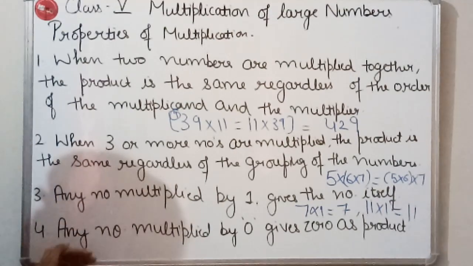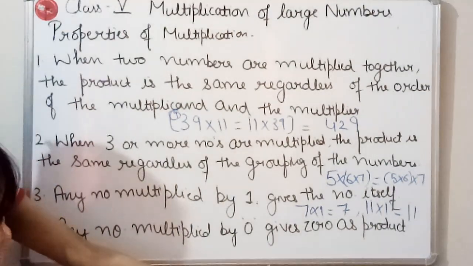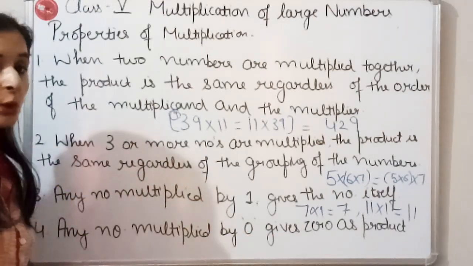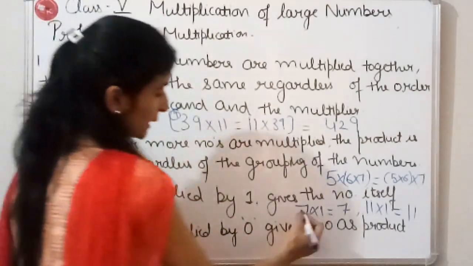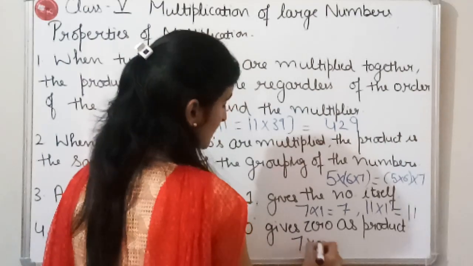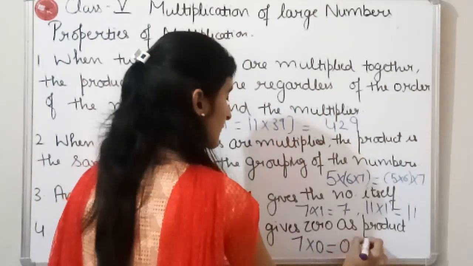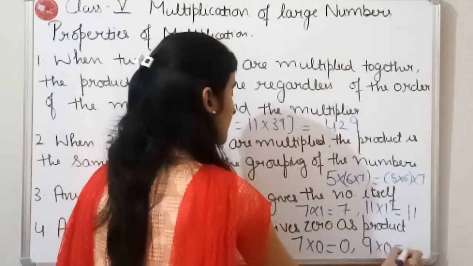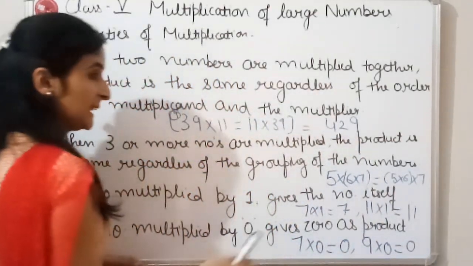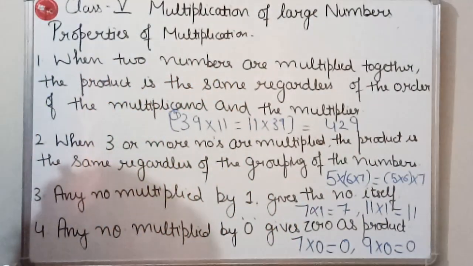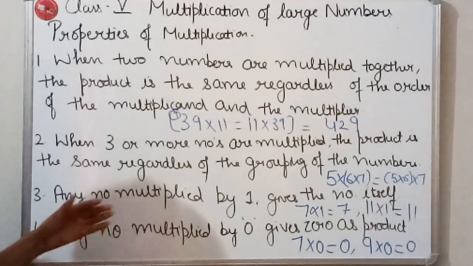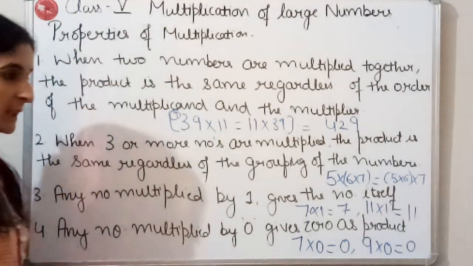Now the fourth and the last property is any number multiplied by 0 gives 0 as product. Whenever we multiply any number by 0, we get 0 as the product. So these were the properties of multiplication.